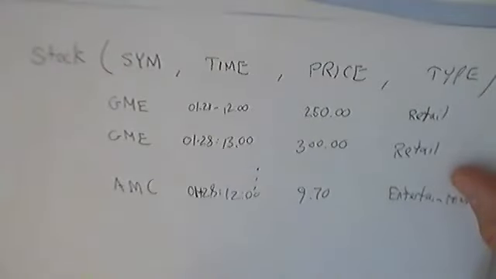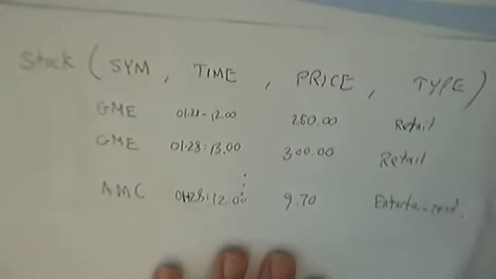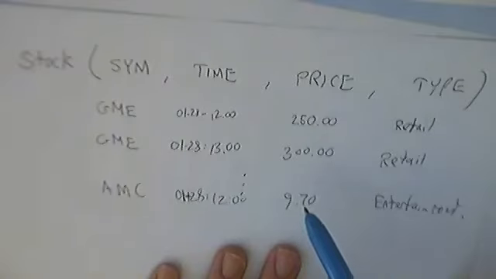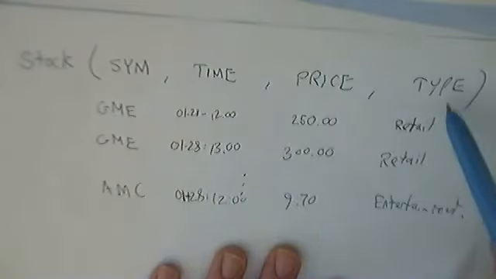Let's say we want the average price at any time. We don't care what time. Average price grouped by the type of stock.